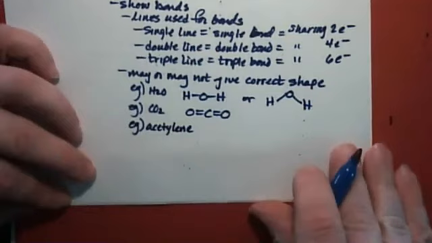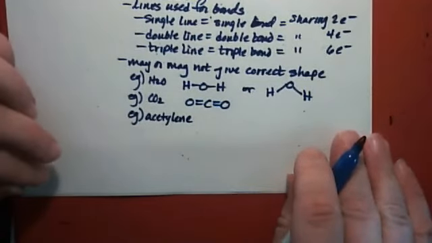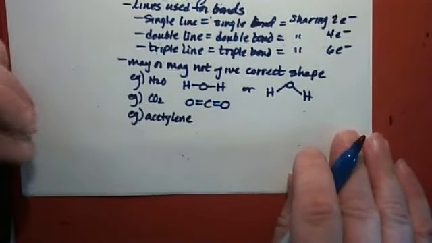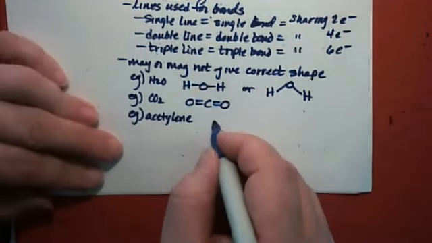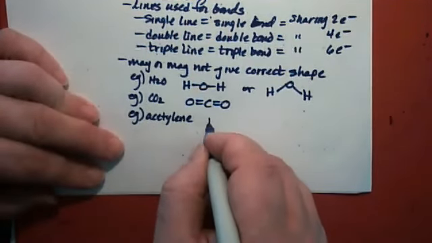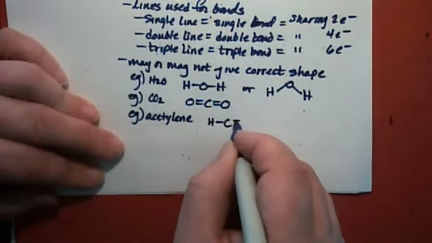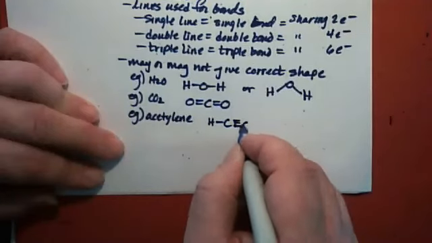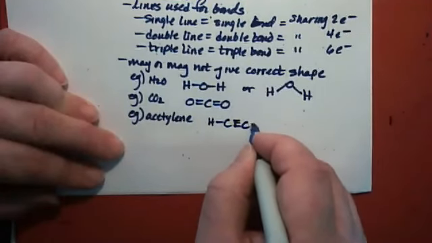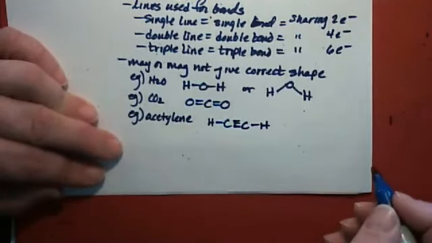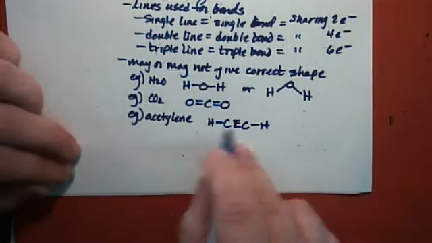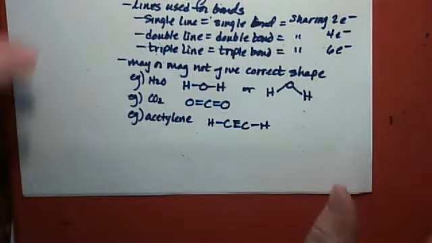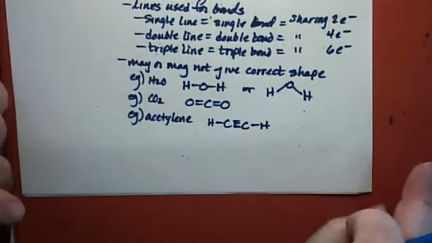And probably the best known compound with a triple bond in it would be acetylene, the gas that's used in welding torches and things like that. That has a hydrogen single bonded to a carbon, and then that carbon is triple bonded to another carbon, and then a hydrogen. This molecule actually also is linear, so this does give you the geometry, but that's really mostly by accident rather than intent.